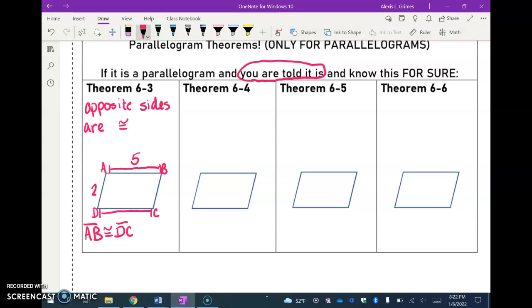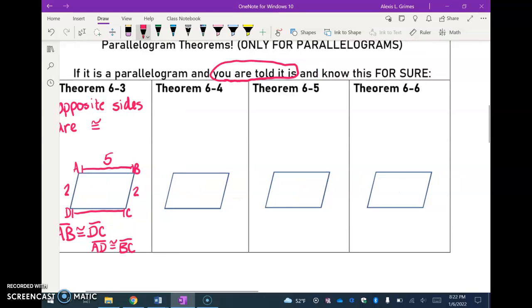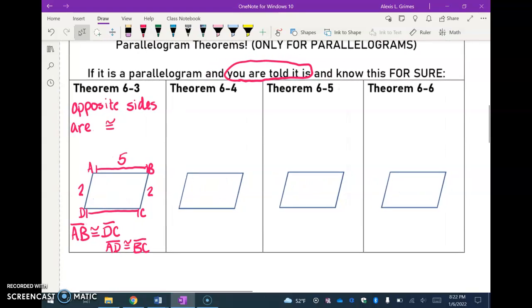If I tell you this first one is 2, then you better be able to tell me BC over here is 2. So AD is congruent to BC. So that one's not too bad. Opposite sides are congruent. It just means the ones across from each other.